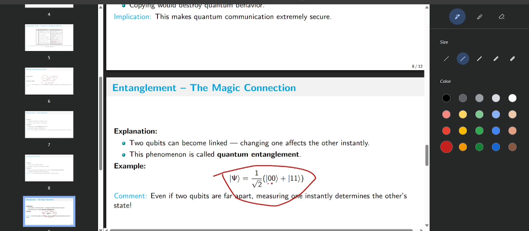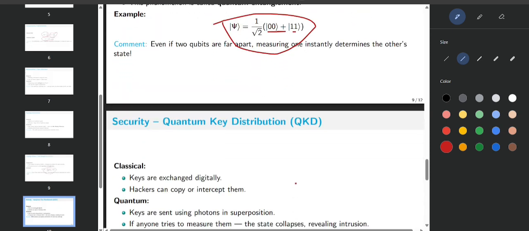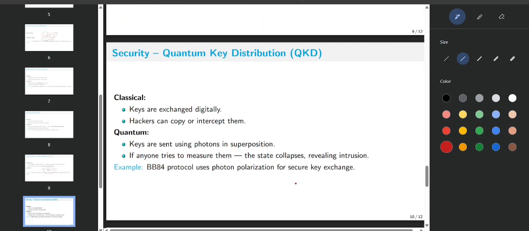If the first qubit is 1, the second qubit will also be 1. Einstein called this spooky action at a distance. It's a key ingredient for quantum teleportation as well as the quantum internet.